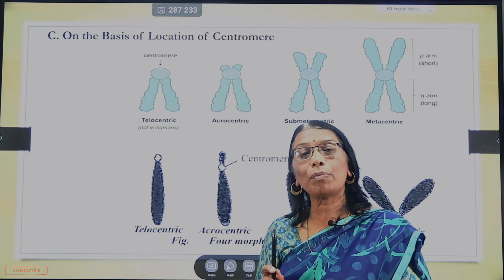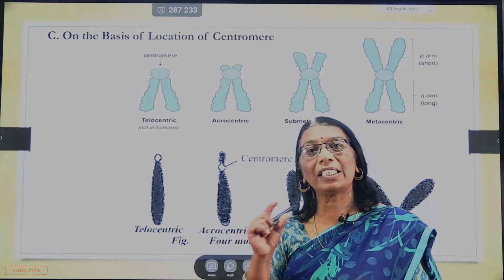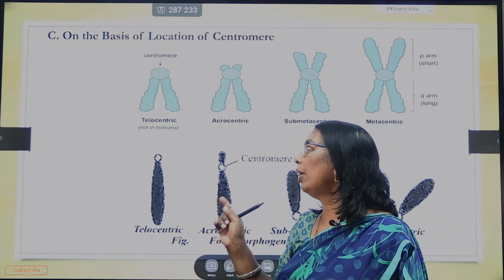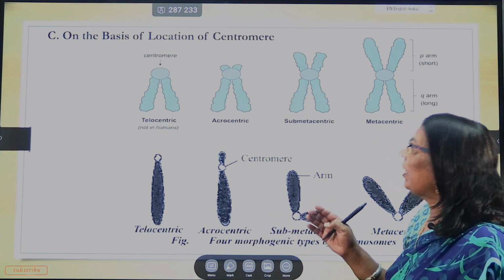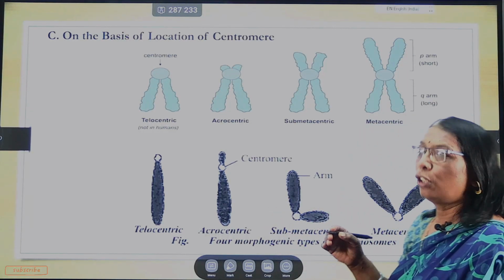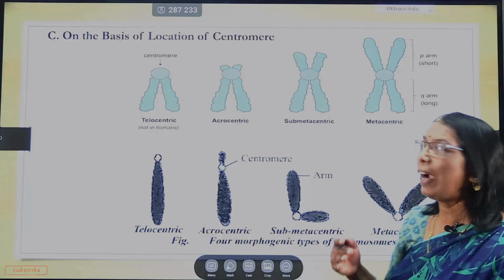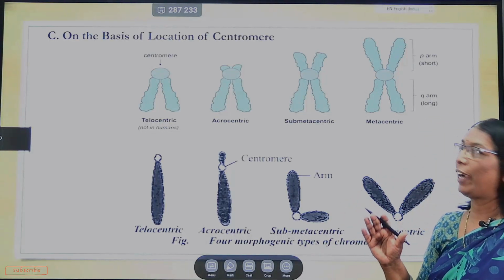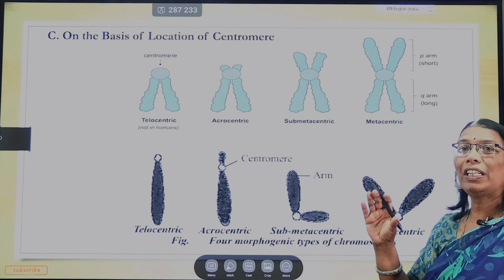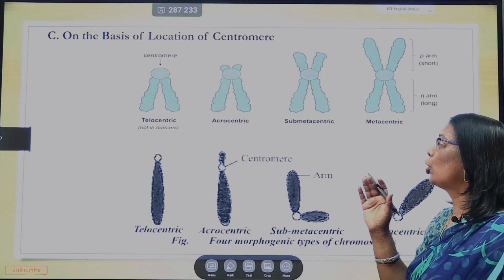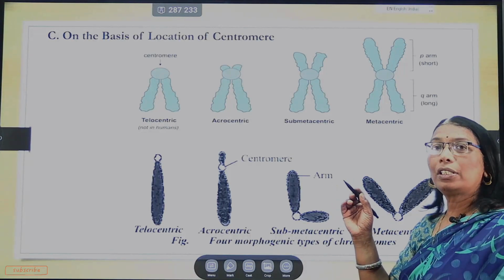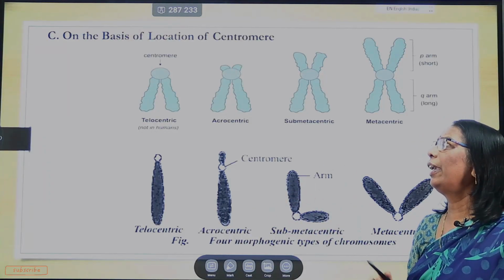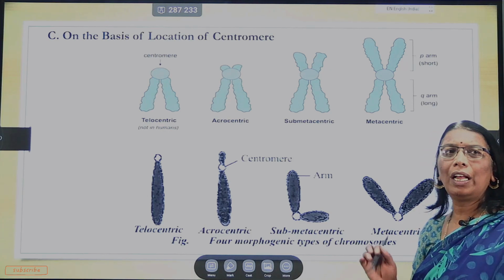During anaphasic movement, these chromosomes appear as a single rod-like or I-shaped structure. So on the basis of the location of the centromere, the chromosomes are classified as metacentric, having equal length of sister chromatids; submetacentric, one arm long, another arm short; acrocentric, one arm so short, another long; and telocentric, having only one arm.